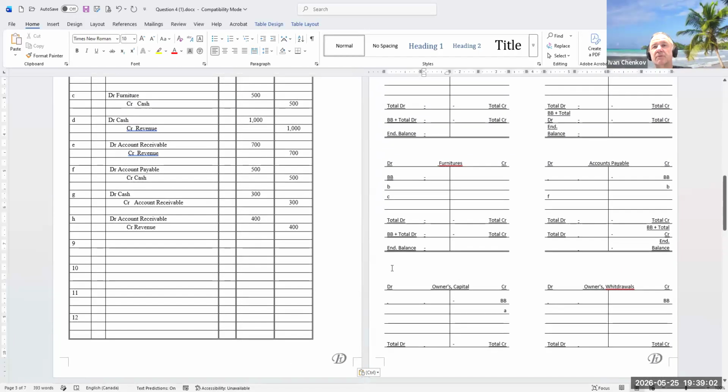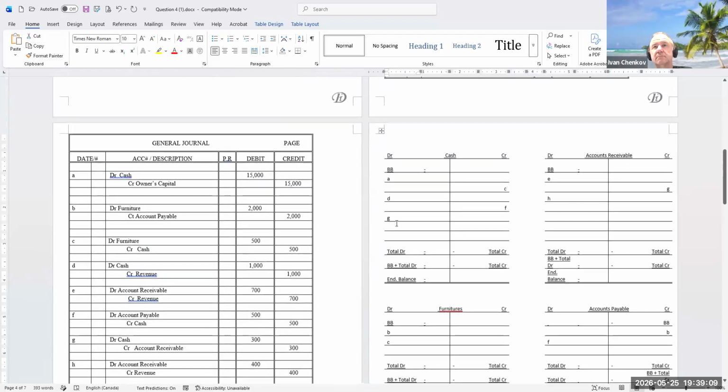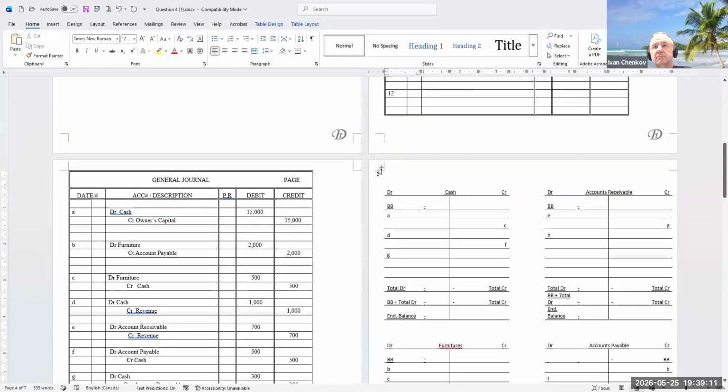So now I have to start working. So how are we going to do this? Now we're going to go transaction by transaction, and every time we see something related to our account, we're going to enter the number.